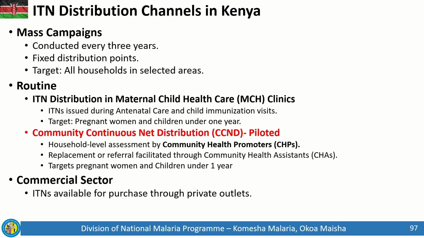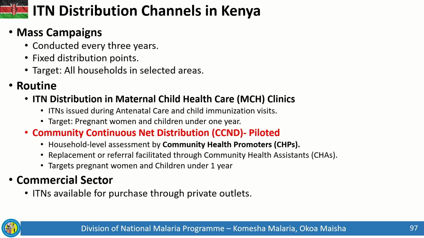And because of that, we are able to achieve high coverage at a mass campaign, then maintain protection to the pregnant women and the under 1 over the 3-year period, which was approximately just covering around 6.5% of the population. But then we have attrition of the nets dropping over the 3-year period to about 13% of the rest of the population.